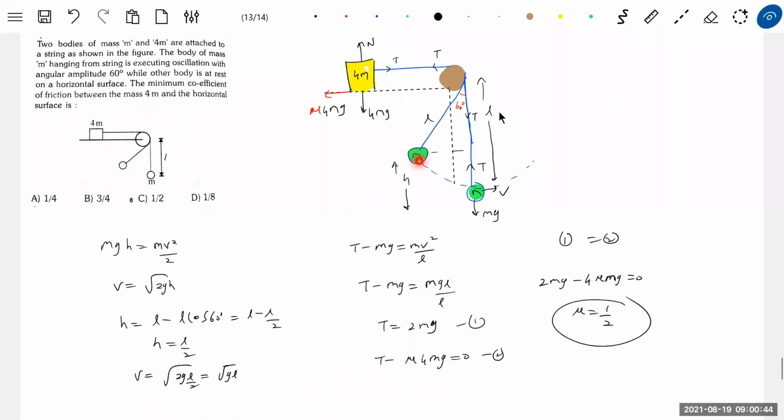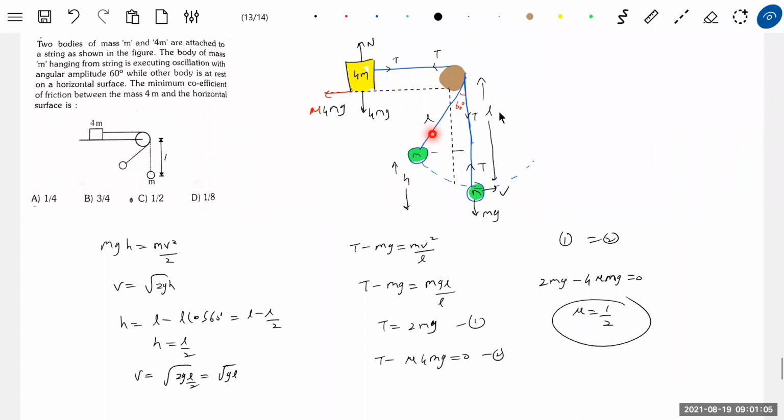So what is actually happening? When is the block about to slide: when the bob is at the extreme or when the bob is at the lowest point? Where will the tension be maximum? When the string is vertical, the tension will be maximum. Then it can shift, no? So you should not equate here.